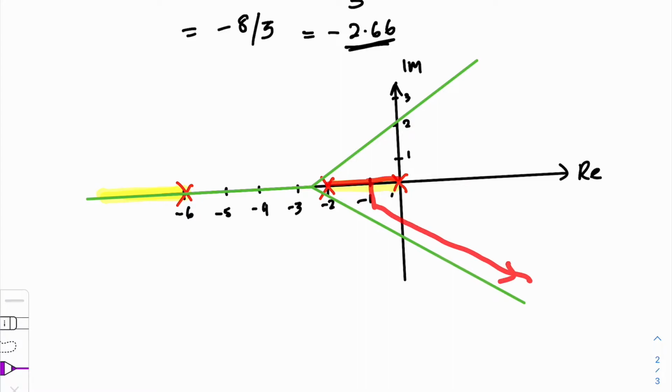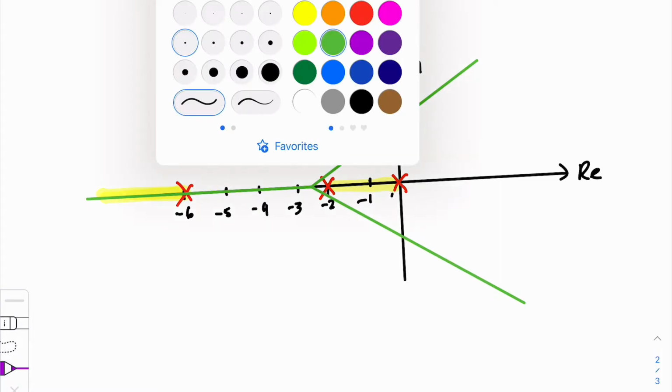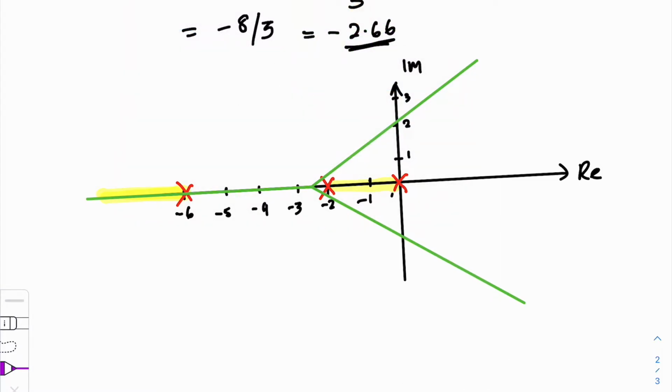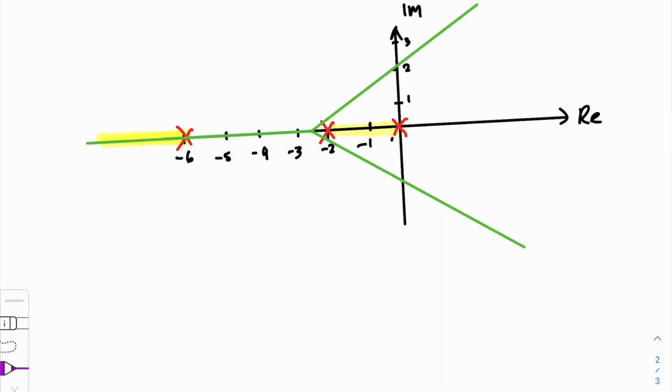We do not know which one is going up and which one is going down, and that's okay. The only thing you need to know is that we need to find out the position where they are going to meet each other. Another thing we need to find out is the crossing at our imaginary axis. That is going to be the next step, number 9: finding the location where the locus cuts the imaginary axis.